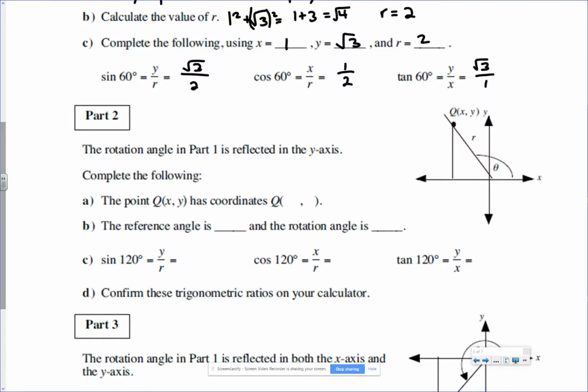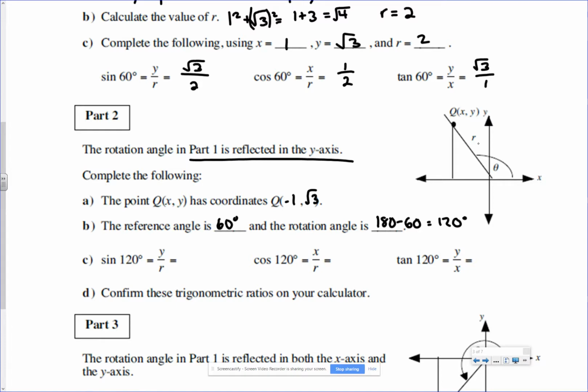Now they want us to look at it in a different quadrant. So the point Q(x, y) has the value, and it says it was reflected on the y-axis. That would give you a value of -1 and positive root 3. The reference angle here is still 60 degrees, and the rotational angle would be 180 minus 60, which is 120 degrees.